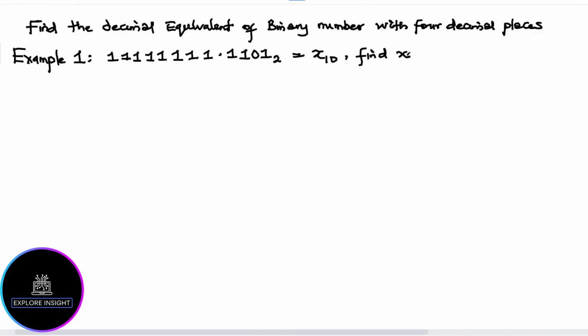The first thing to do is to consider the place value of this particular question. So I'm going to bring this out in a bigger form. That's 1, 1, 0, 1. So let's consider the place value. PV represents place value.